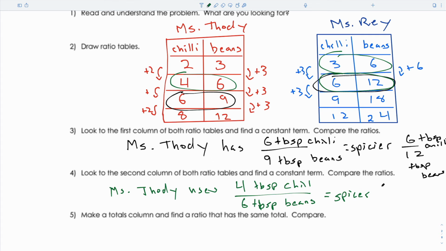Miss Ray uses only 3 tablespoons of chili. Well, the more chili you have with the same amount of beans, that's going to be spicier. So I can use either the first or the second column to compare. It doesn't really matter, but I know that Miss Toadie's is spicier in both cases.